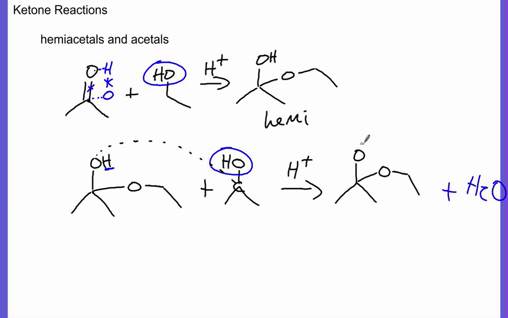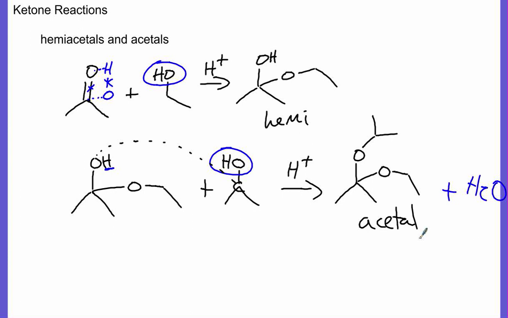But now I just need to attach an isopropyl group to that oxygen, and there's my acetal. So they are funky looking things, just like I told you guys last time around. But hemiacetal-acetal reactions for ketones are very, very similar to hemiacetal-acetal reactions for aldehydes. So just predicting what it would look like when I put these together, right?